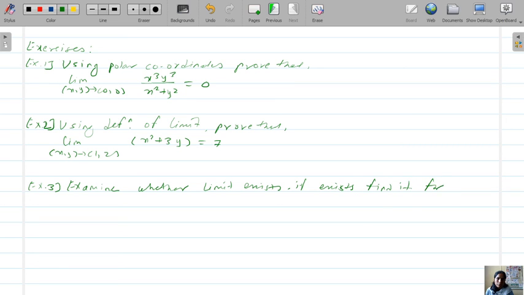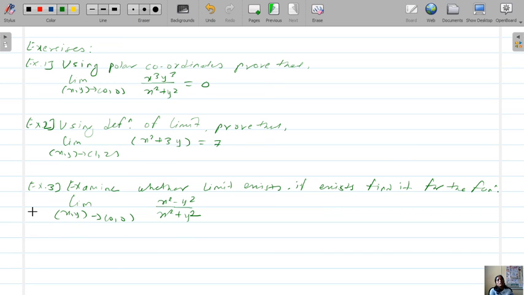For the function limit (x,y) tends to (0,0), your function is x square minus y square upon x square plus y square.